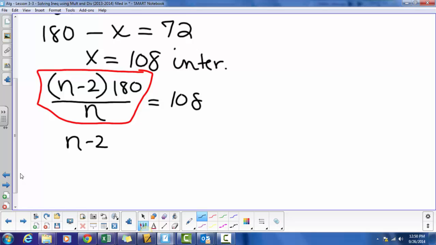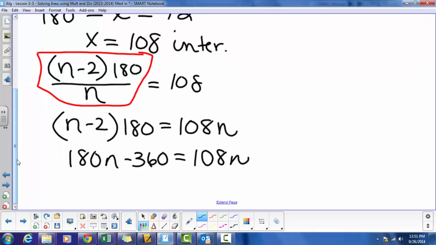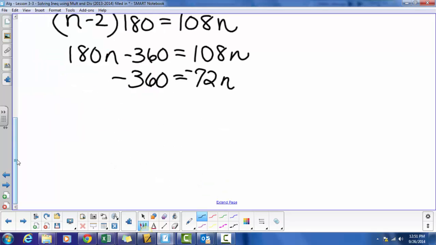So I have (n minus 2) times 180 equals 108n. Distribute: 180n minus 360 equals 108n. I'm going to subtract 180n from both sides. So negative 360 equals negative 72n. When I divide both sides by negative 72, I find out that n equals 5.